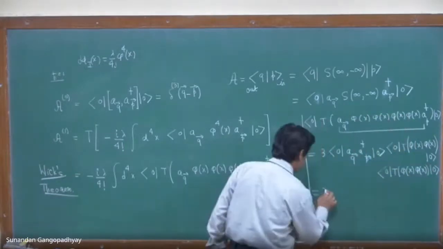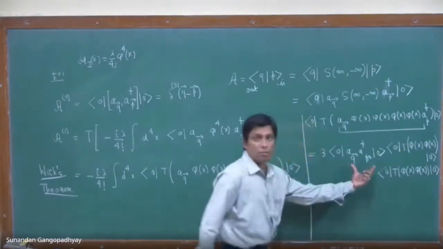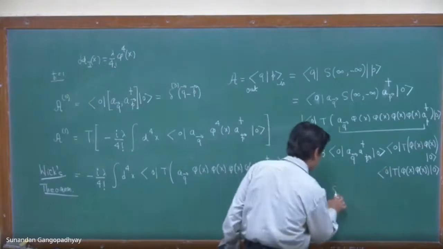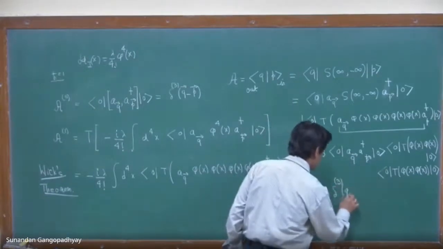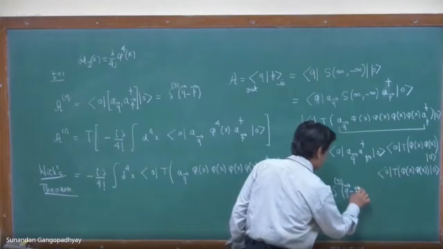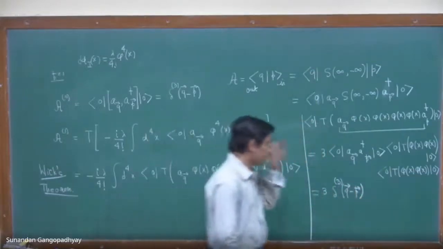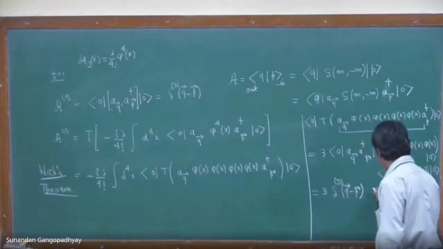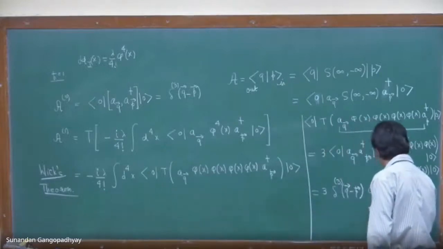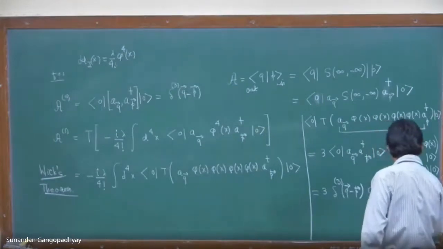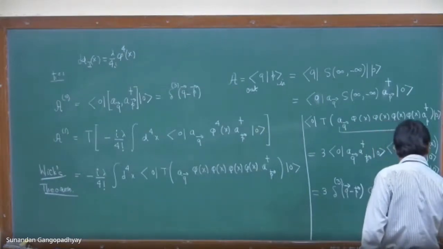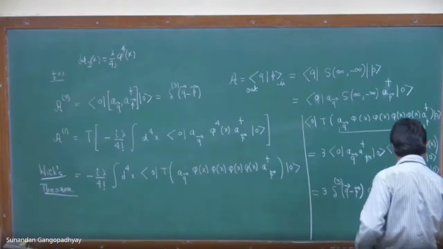So that is equal to 3. Now this is once again the 3-dimensional Dirac delta function, delta Q minus T, which tells you that the momentum must be conserved, and this is nothing but phi x contraction, phi x contraction.